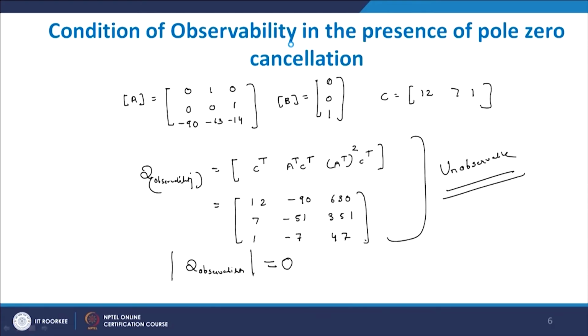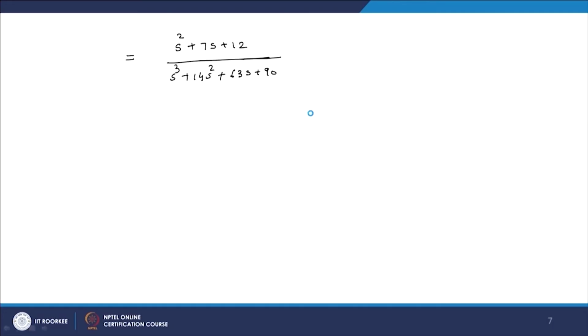If you just see here, this is the A matrix. So this is in a companion form or a controllable canonical form, because 0 1 0, 0 0 1, minus 90 minus 63 minus 14. So this can be easily written in this form. We have already seen this, how to represent it.